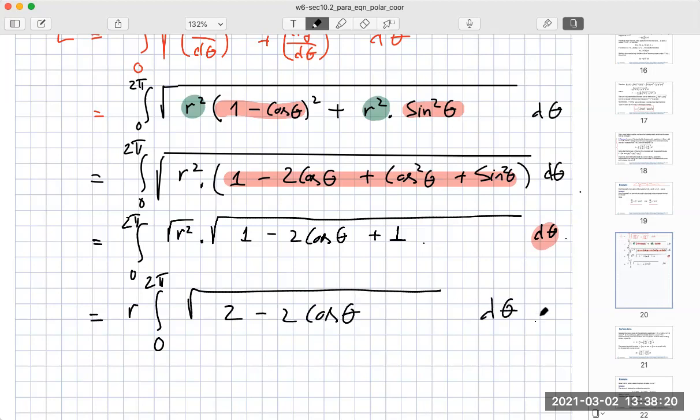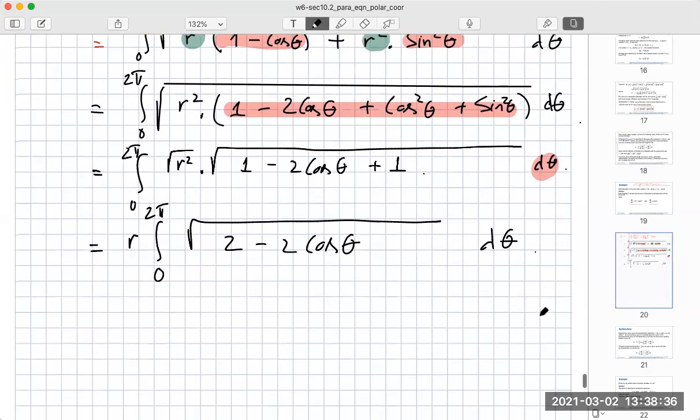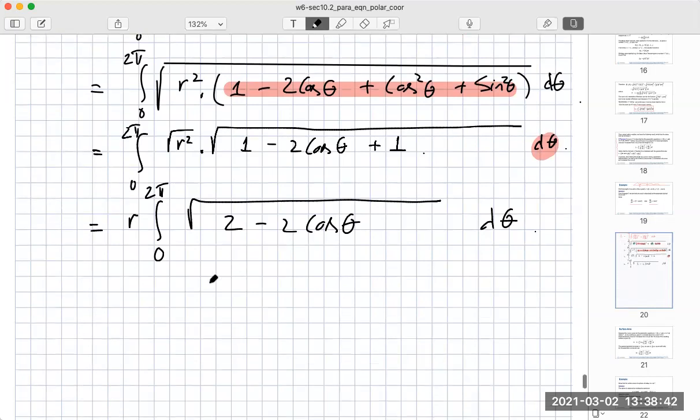Okay. So at this point, what should we do? 2 and 2 is a like term, so how can we solve it? Yes, let us factor 2 out and see what happens.